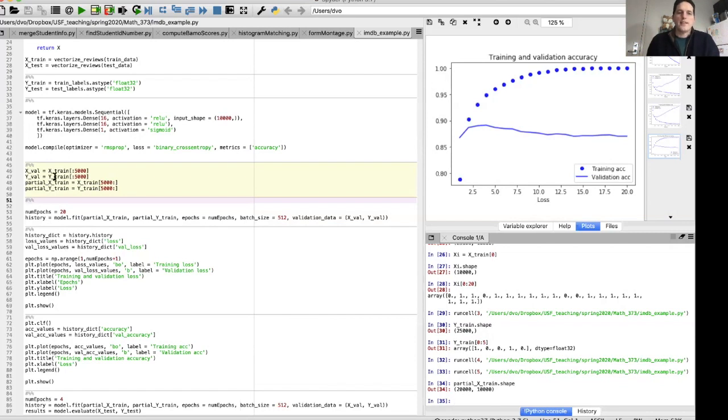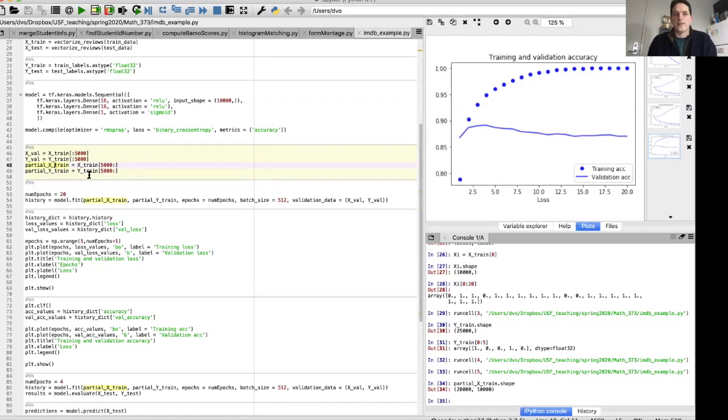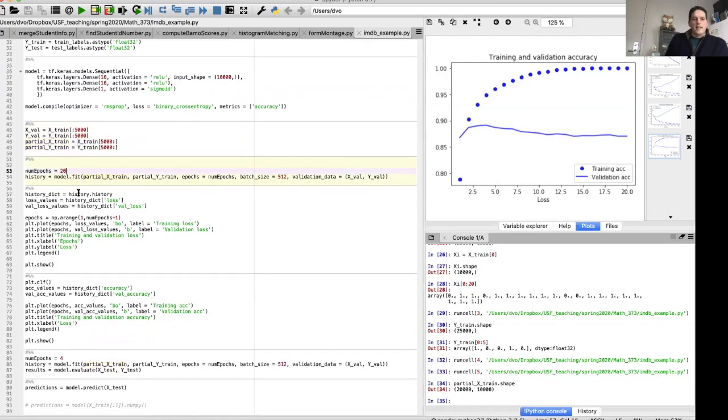So what we have now is our validation data set, and our training data set, which we're currently calling partial X train and partial Y train. That's the data we're going to use to actually train our model. Okay, now here's the step where we are ready to actually train our neural network. That's what we do in this line of code here. We're telling TensorFlow to use 20 epochs.